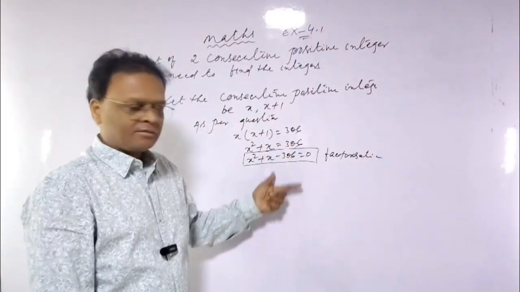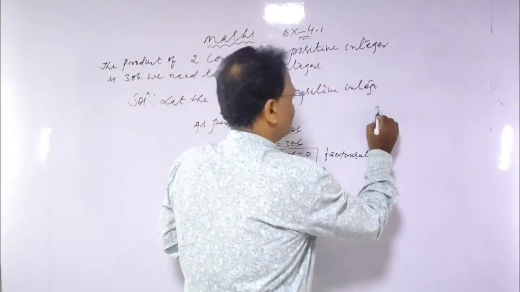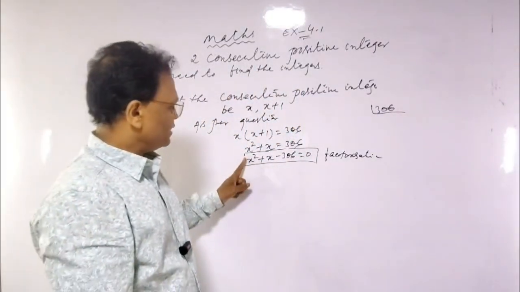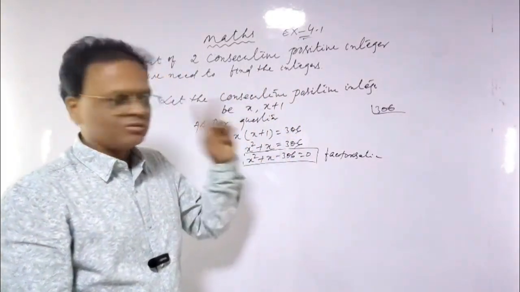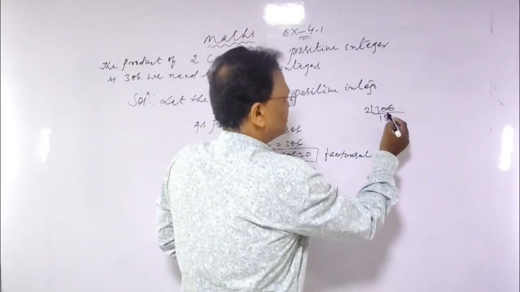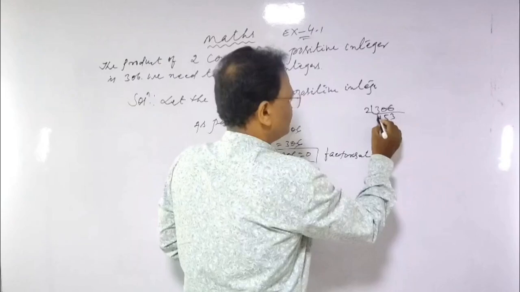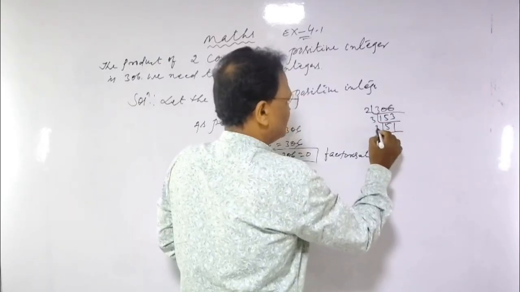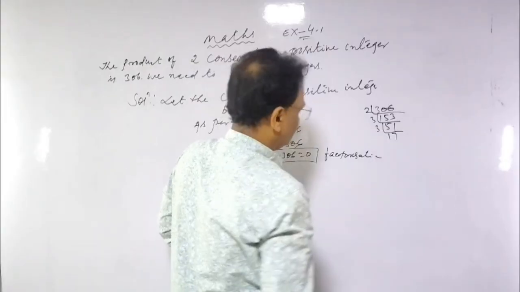Okay, let me find. Suppose you want to find this value, what is it? Multiply 1 into 306 is 306. 2 into 153, 2 into 5 is 10, 2 into 3 is 6, 3 into 5 is 15, 3 into 1 is 3, again 3 into 17.